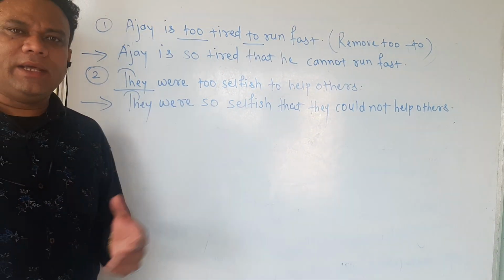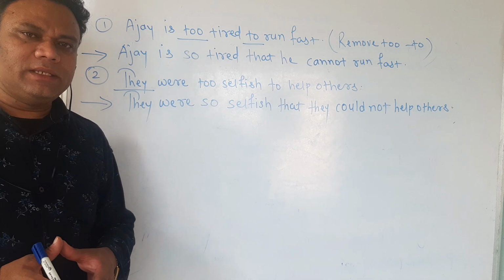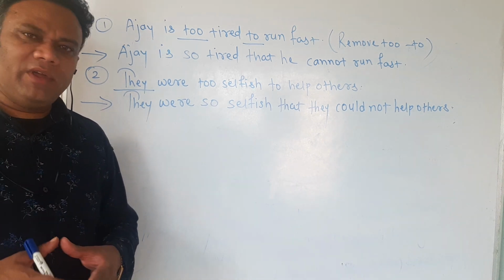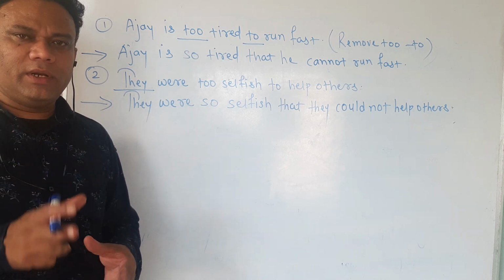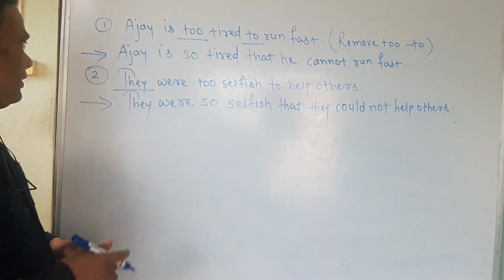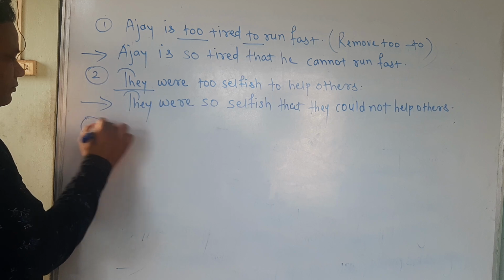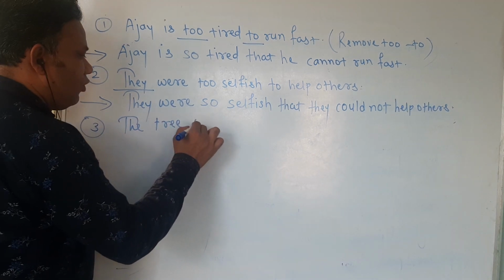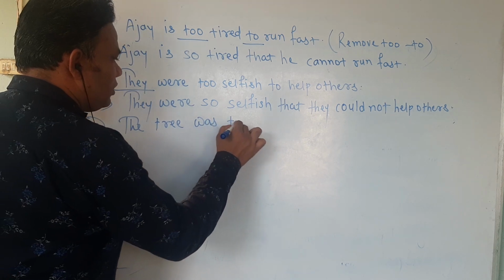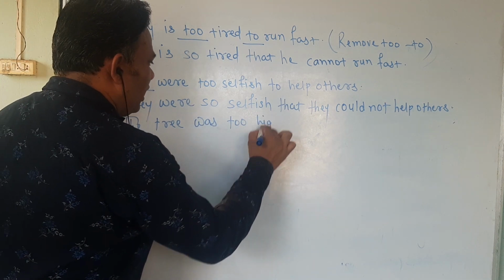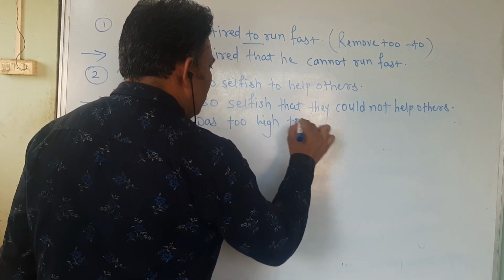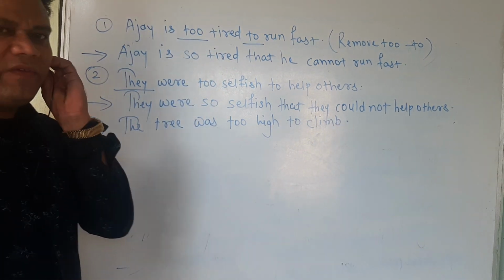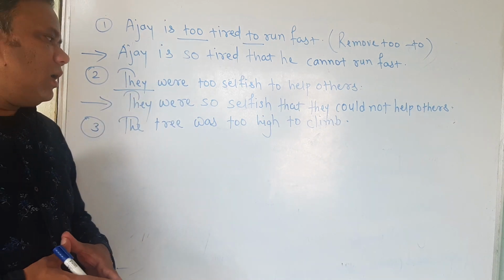Now one rule I had explained you that in the given sentence, if doer of the action is not there, then after using that we have to use the pronoun one. So see one such sentence. The tree was too high to climb. In this sentence we find that doer of the action is not there.